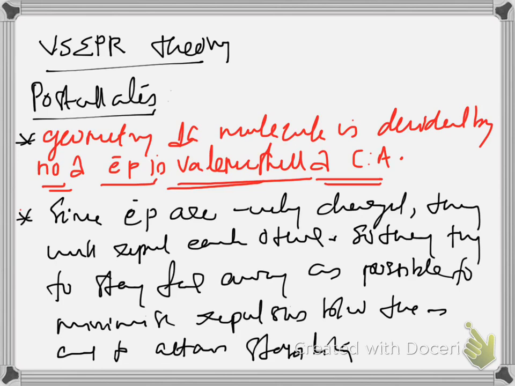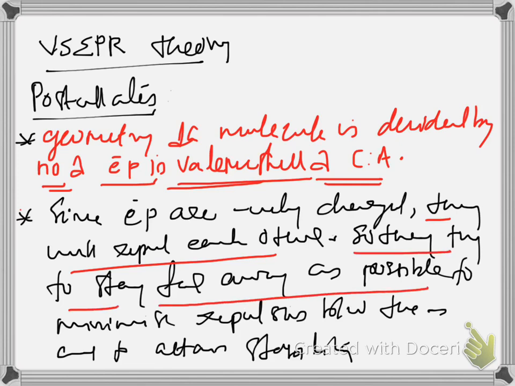Since electrons are negatively charged, electron pairs also will be negatively charged. So they will repel each other. They try to stay as far away as possible to minimize the repulsion between them and to attain stability.